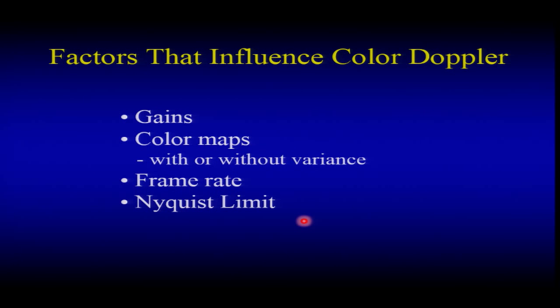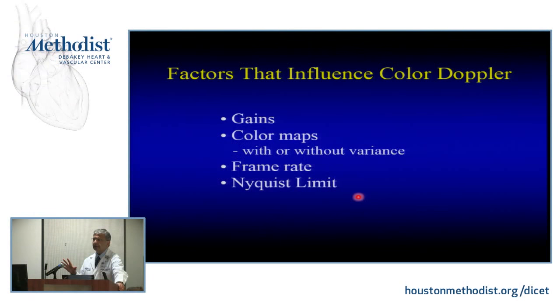This is very important. How do you look at color Doppler? I mean, nothing in ultrasound, I don't know about the others, but nothing in ultrasound is fully automated that you don't have to deal with. Everything is dependent on how you acquire and gains and other things, all right?